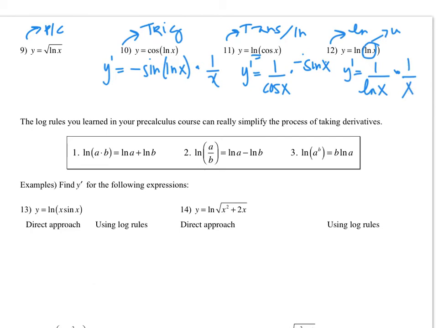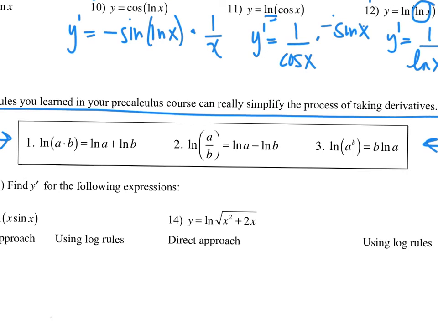Our log rules from pre-calc will make our lives much easier when we're doing ln problems. So let's quickly review these log rules from pre-calculus. The log of a product is equal to the sum of the logs.